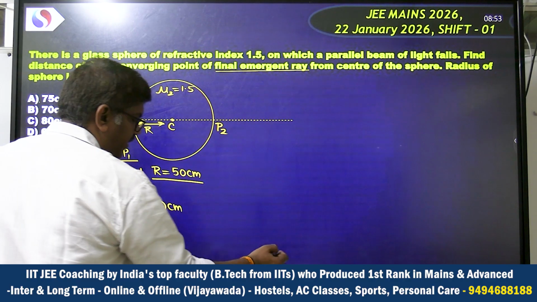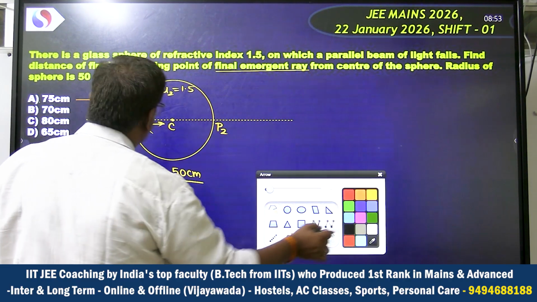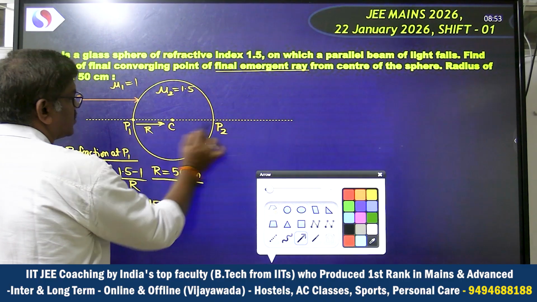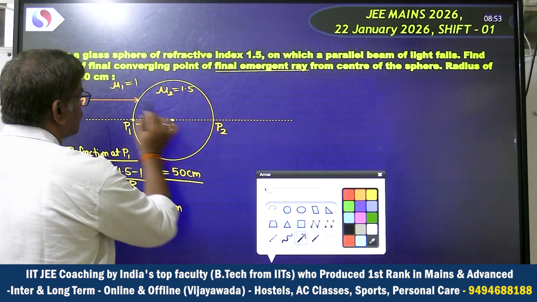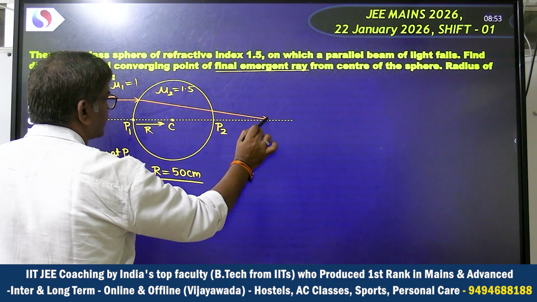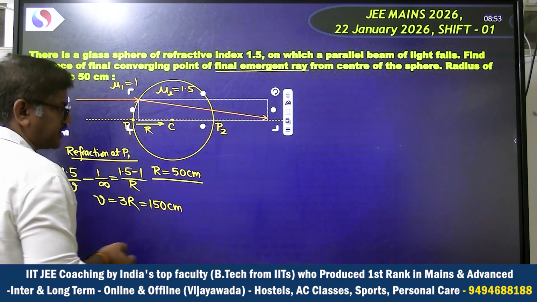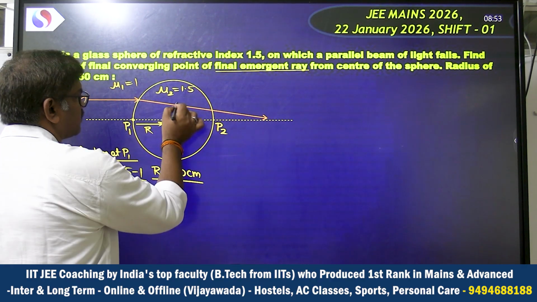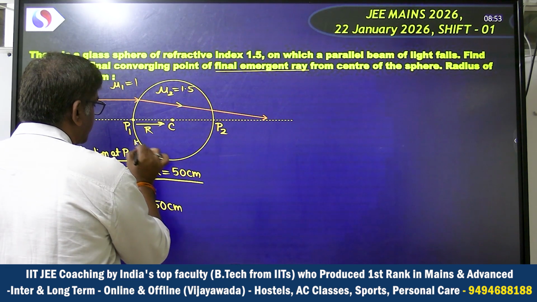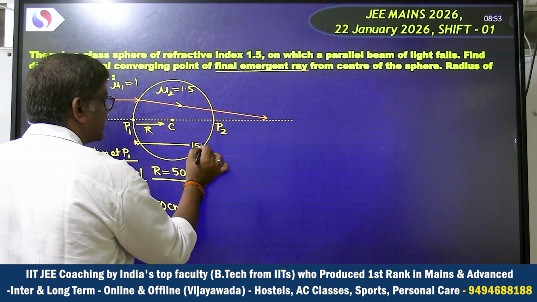So after the refraction, the total distance across the sphere is 100, so it is focusing at 150, somewhere here. From here to here, this distance is 150 centimeter.